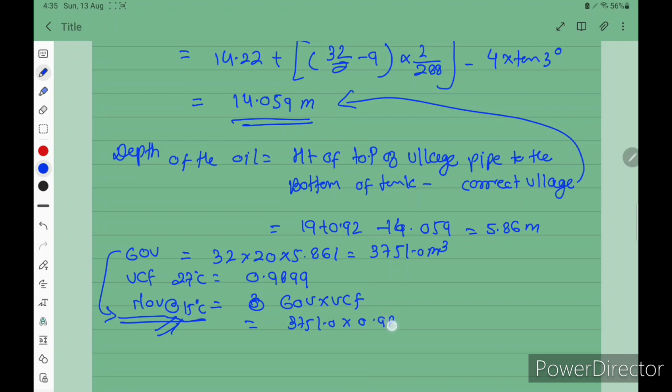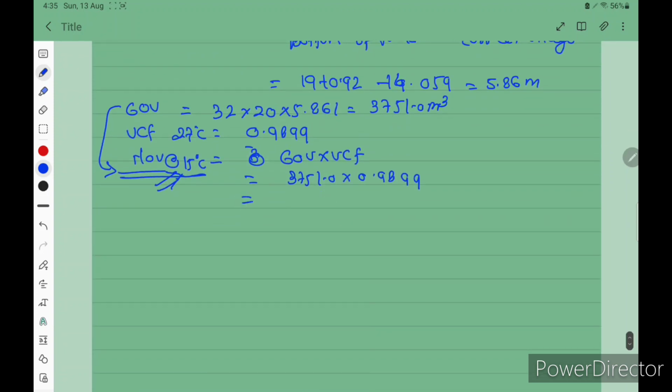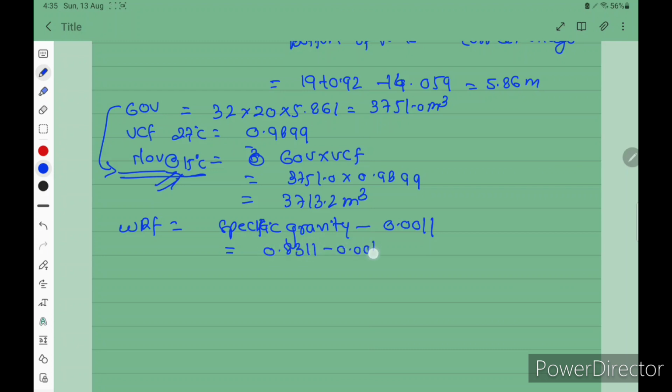3751.0 into 0.9899. We get the net observed volume 3713.2 meter cube. Now weight reduction factor, density is given, specific gravity minus 0.0011, so it's equal to 0.8311 minus 0.0011 is equal to 0.8300.